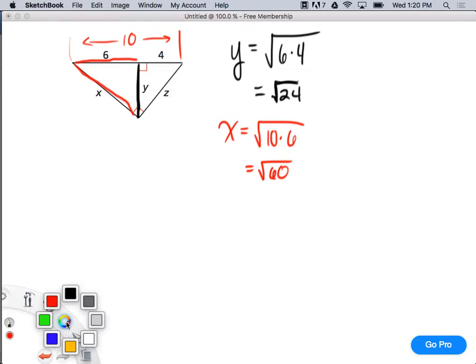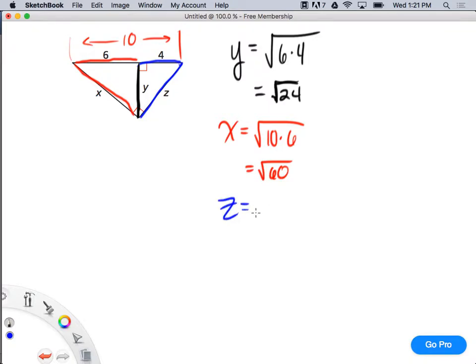Okay? And then z, exactly. Z is the square root of 10 times 4, which is the square root of 40. Does that make sense? You guys pretty clear on that? All right, so that's how you find the geometric mean in those ones.